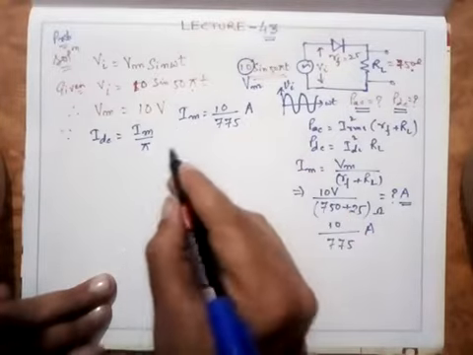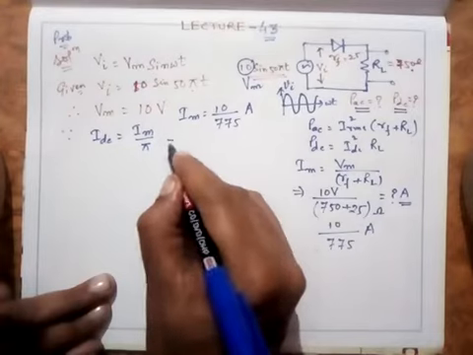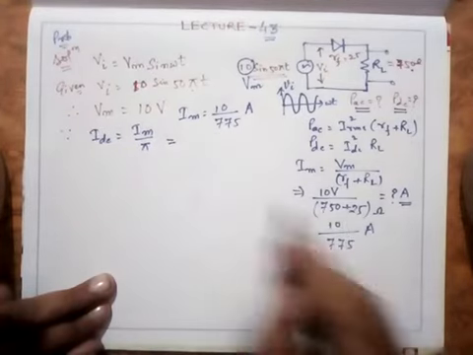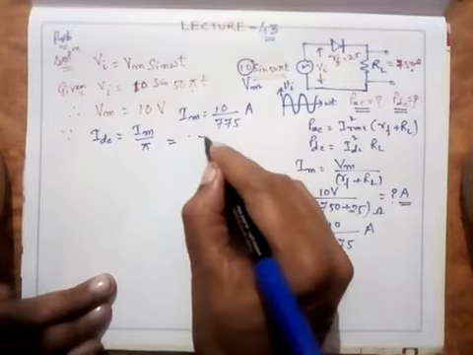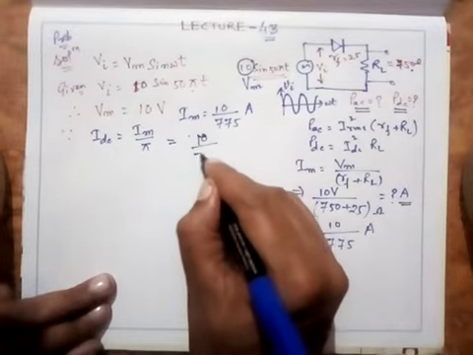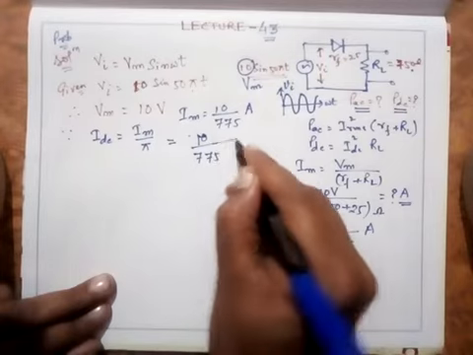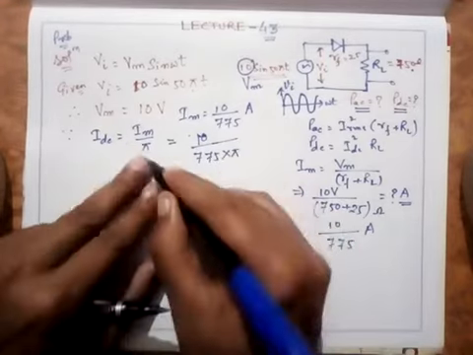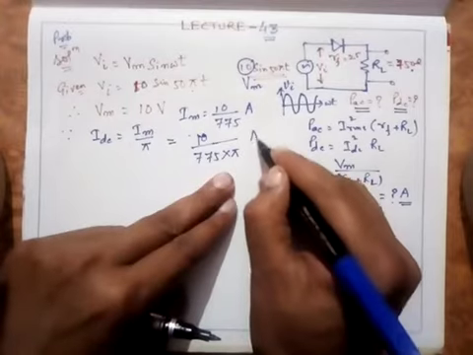So IDC is equal to Im by pi. So IDC is equal to Im, which is 10 upon 775 into pi, you know, 3.14. Im by pi. This much ampere is the value of IDC.